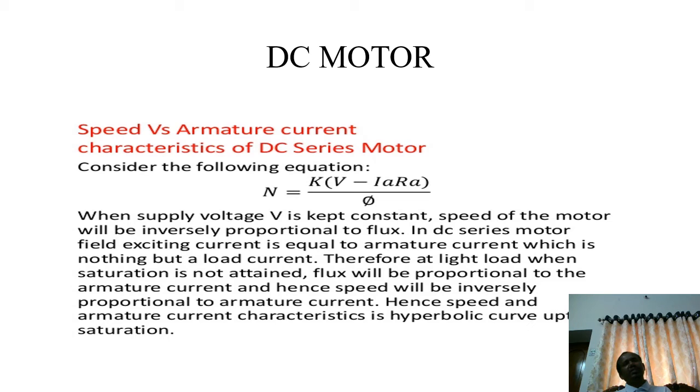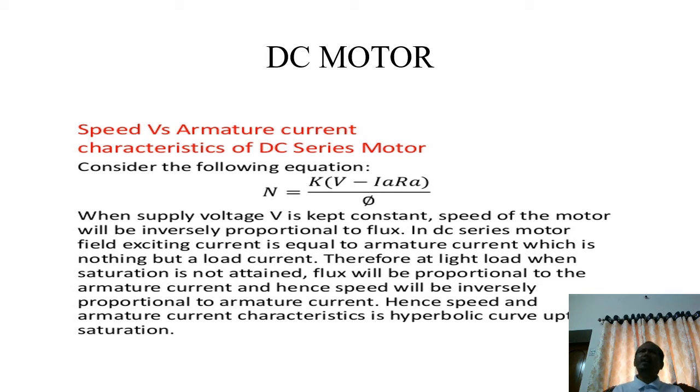Next characteristics: speed versus armature current characteristics of a DC series motor. We know the equation: N is directly proportional to EB by phi, N is equal to K into EB by phi.